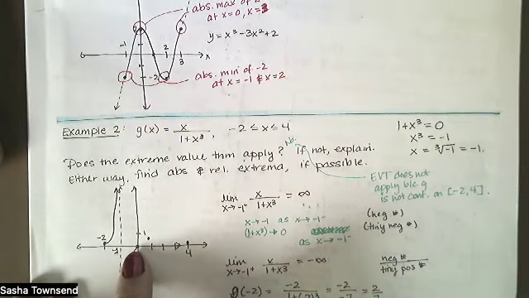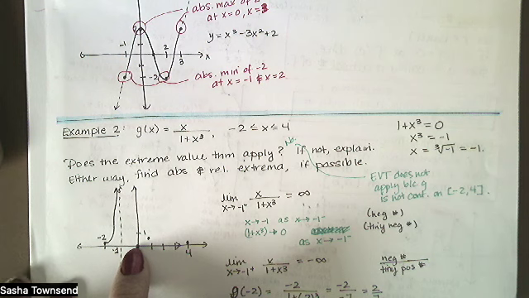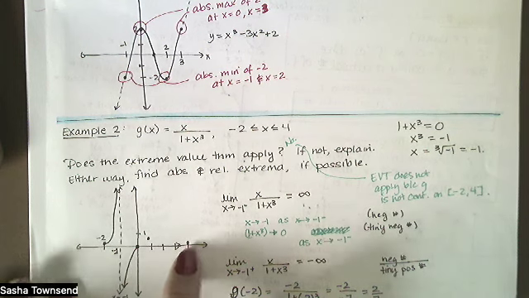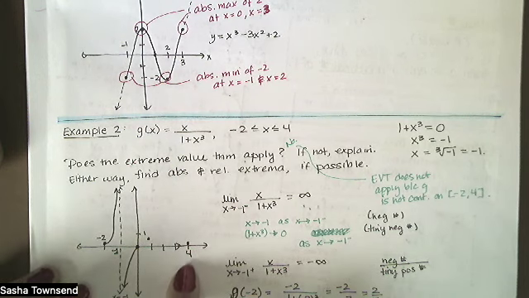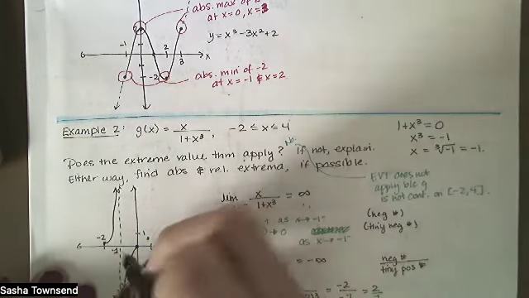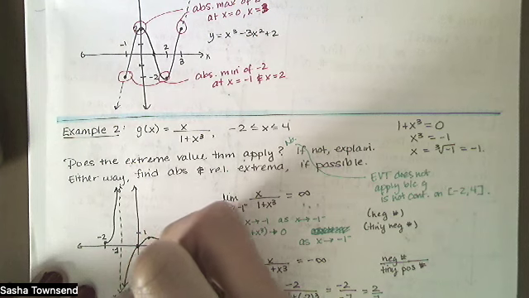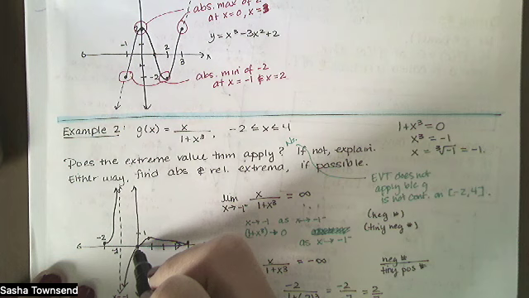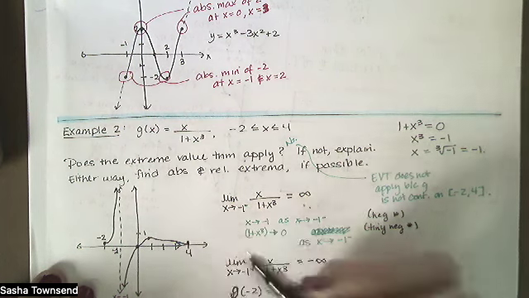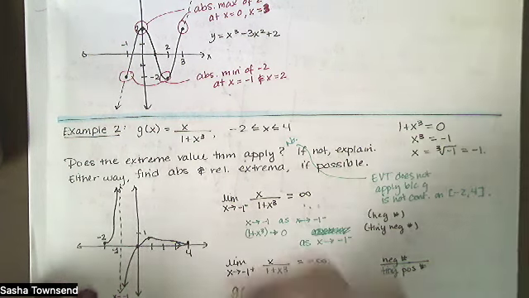And I know that the graph crosses through at 0, 0 here, and then it passes through here at x equals 4, and whatever that y value was. I forget what it was, but it looks like we're going to have a relative max there, just connecting those points, because it has to go through from this point to this point to this point. I think that's got to be a relative max.